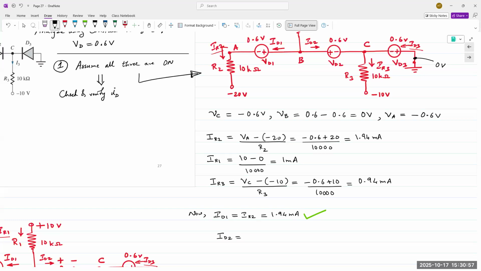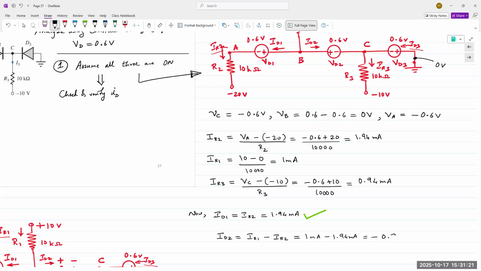ID2, what did we say ID2 was? So what is this answer? Ooh.